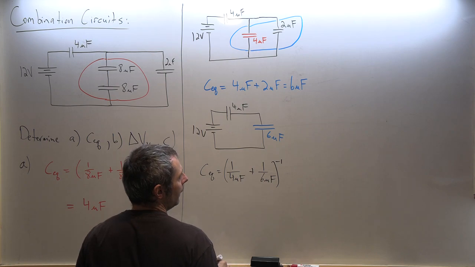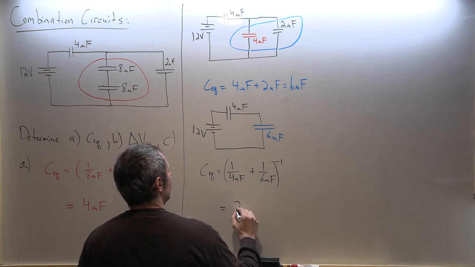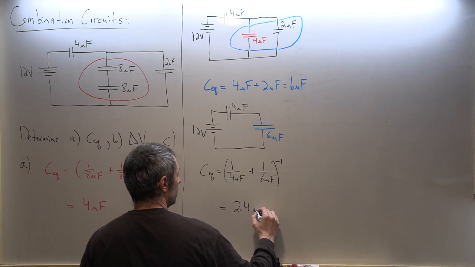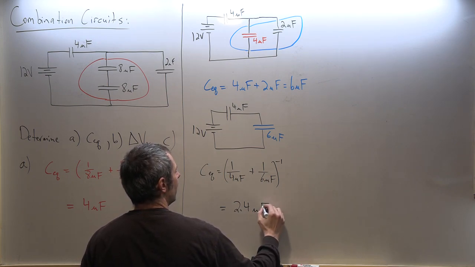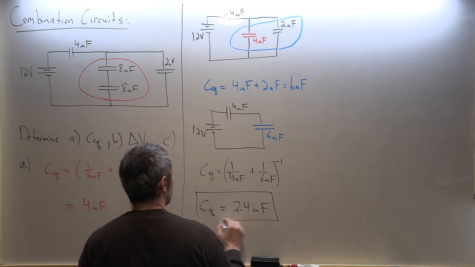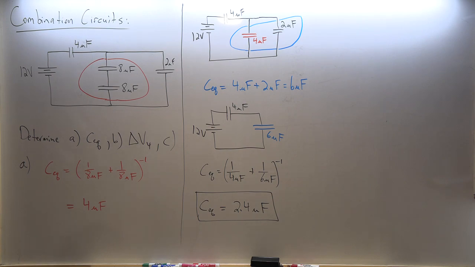And you could do common denominator, or you could punch it on your calculator, or you could remember from the last, it was basically this one of the series example. This is 2.4 microfarad, the equivalent capacitance of all the capacitors together.